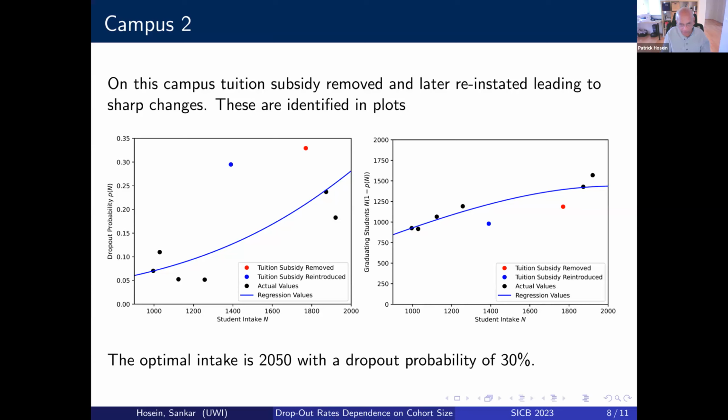They stopped subsidizing fees, which meant enrollment dropped significantly. And then a few years later, they reinstated reimbursement of or subsidizing student fees. And we clearly saw those 2 years as being outliers. All right. But again, we found a similar relationship with student intake and graduating rate.